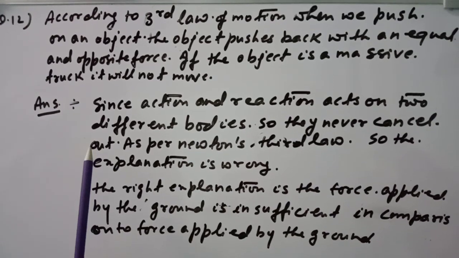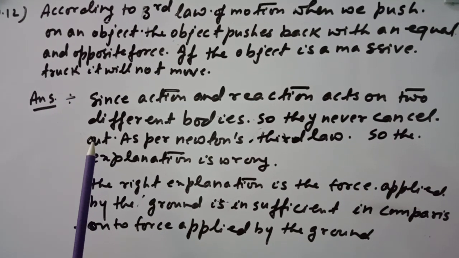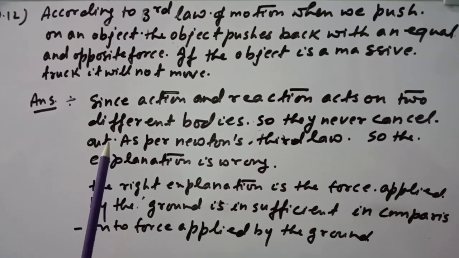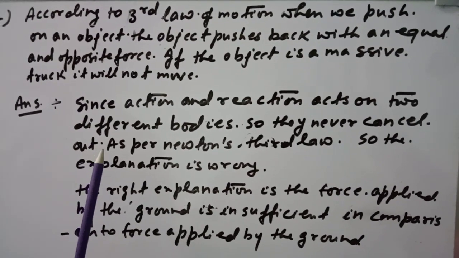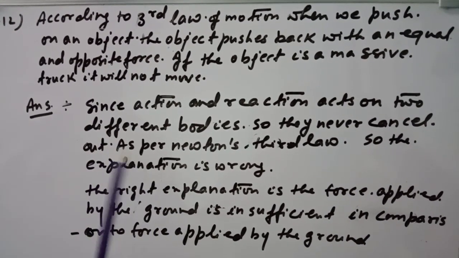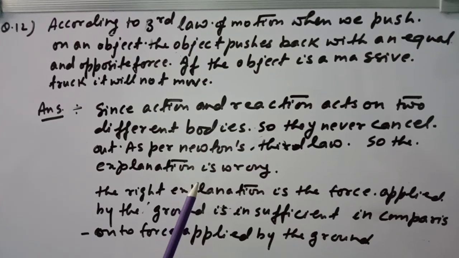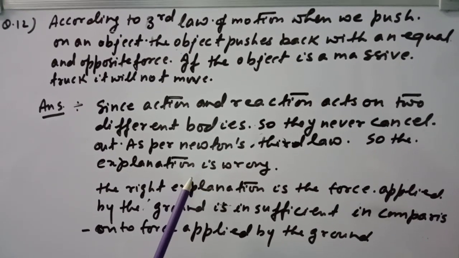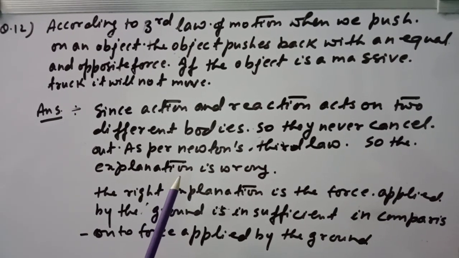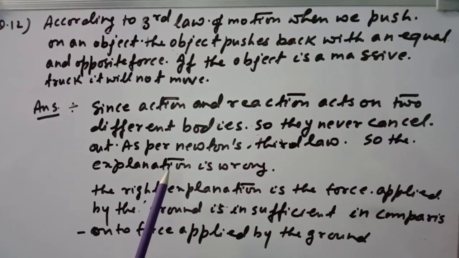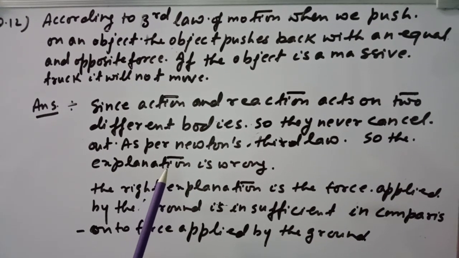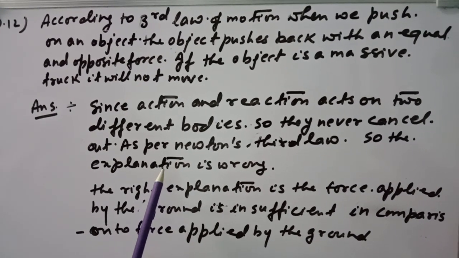Now what could be the exact explanation for the truck not moving? The truck is applying a force and the surface is also applying a force, but the force applied by the surface is not sufficient in comparison to the force applied by the truck. So the truck is not moving.